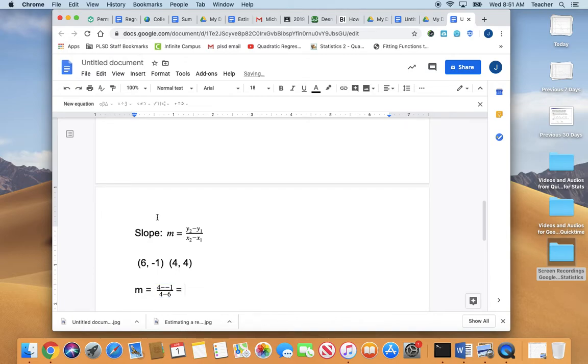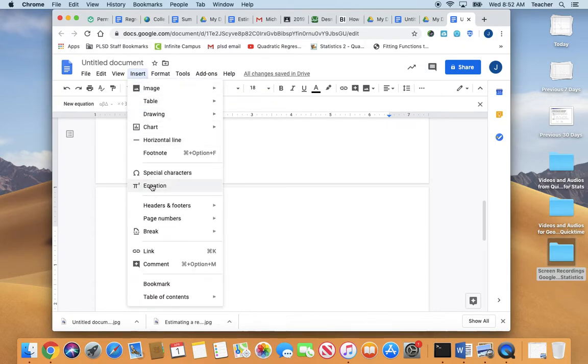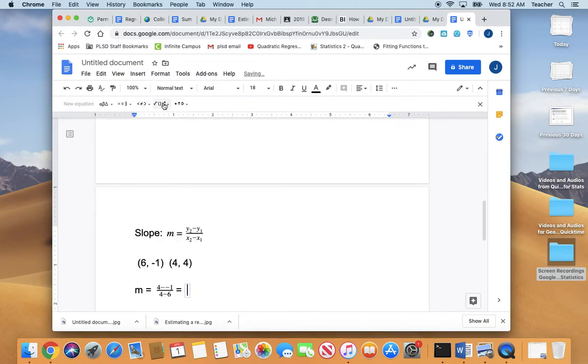So if I calculate that out, 4 minus a -1 is +5, and 4 minus 6 is -2. So that would be -5/2, or you could write that as -2.5. So that's the slope.